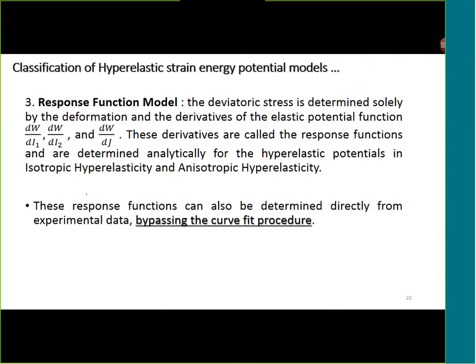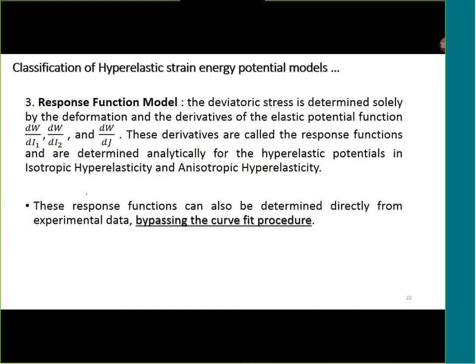There is a third category of material models called the response function model. Here, instead of looking at the material constants, we take the direct derivatives of the strain energy potential to determine the stress.